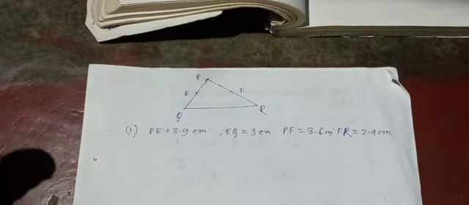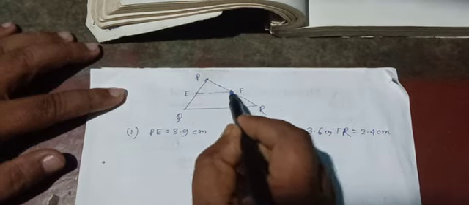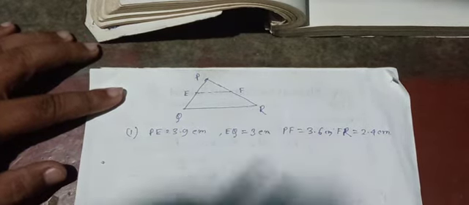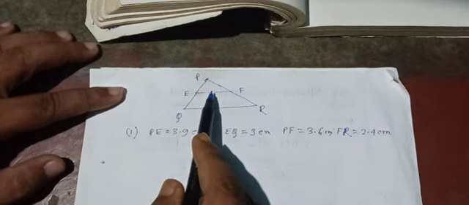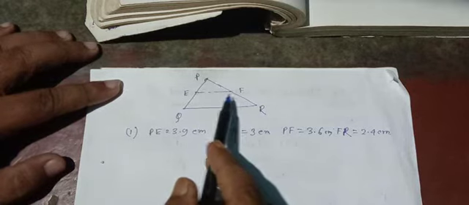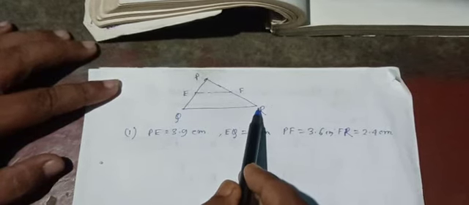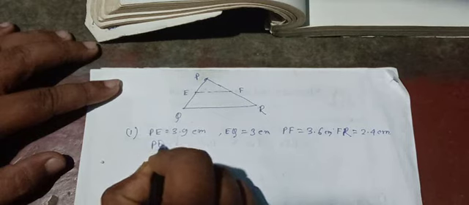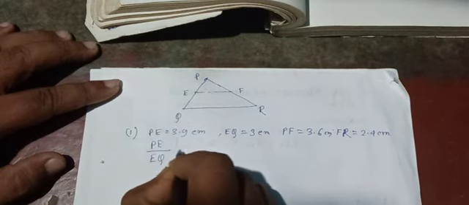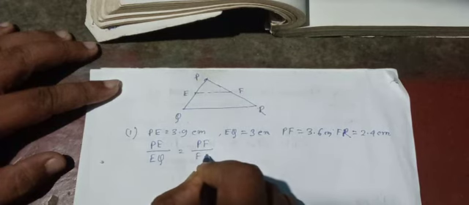We have to state whether EF is parallel to QR or not. By Thales theorem, EF will be parallel to QR only when the ratio of PE to EQ is equal to PF to FR.